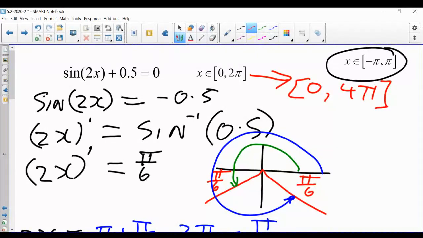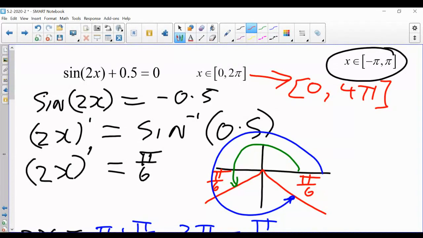Because when we divide both of these by 2, which is what we have to do at some point, that's going to bring us back to 0 to 2 pi. So you know what this means? We have to go through that entire circle a whole other time. Because 4 pi means we've done 2 revolutions. Remember, 2 pi is 1 revolution, 1 circle. 4 pi means we have to go through this one more time.